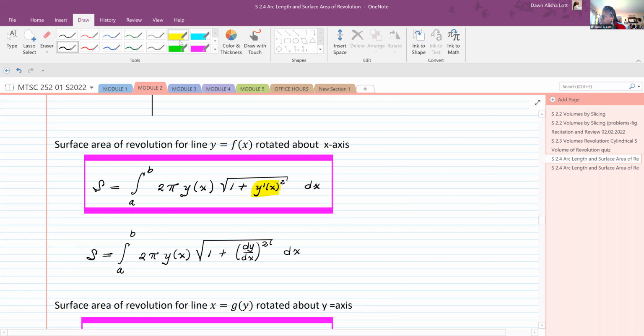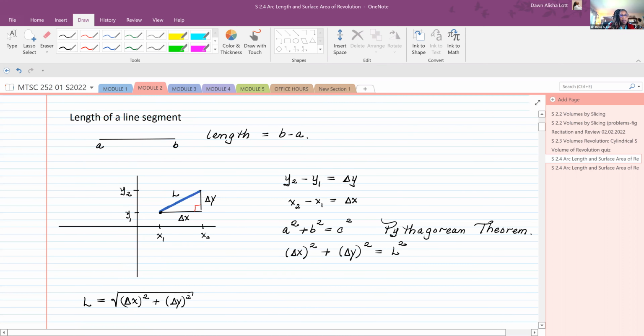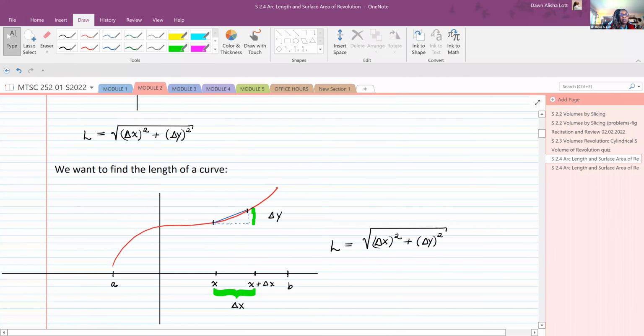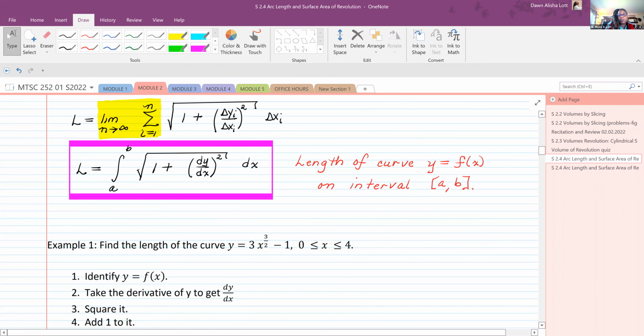So the y prime is the same as the dy dx. What we did earlier this week, let me go back, when we were trying to find the length of a curve, we were able to show that the length of the curve came out to be just this piece. So it was the square root of 1 plus, remember we had these steps.